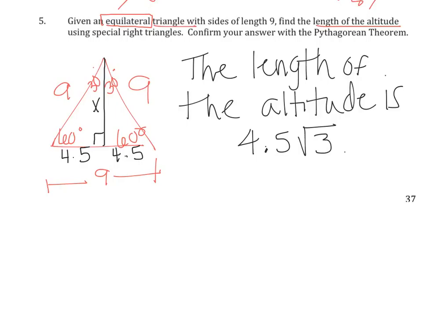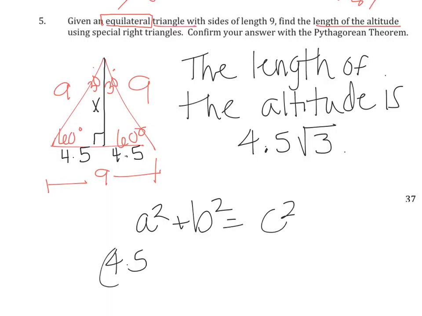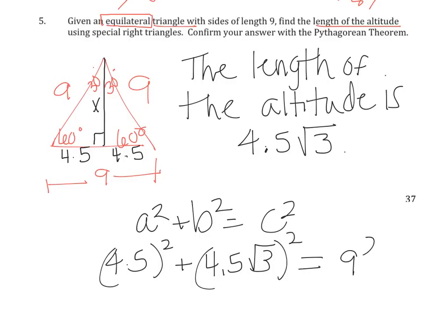Now the second part is to confirm your answer with the Pythagorean theorem. So the length of one leg is 4.5. And the length of the other leg is 4.5 radical 3. The question is, is that equal to 9 squared?